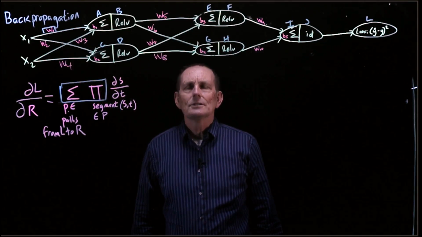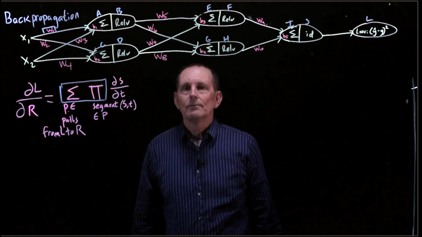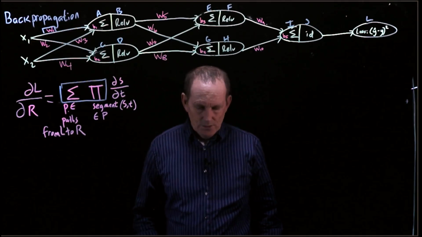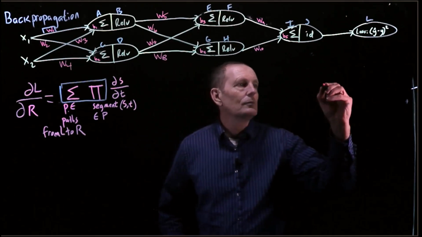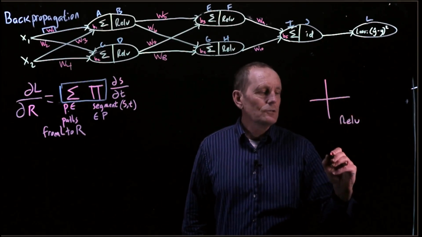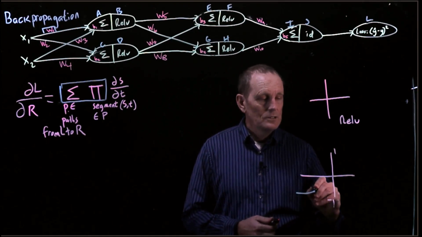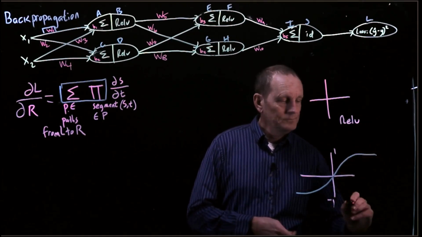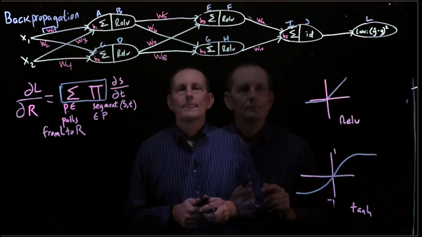A second thing to note is what happens if you've got a lot of small gradients. So let us compare ReLU to tanh. Tanh looks like that, and ReLU looks like that.